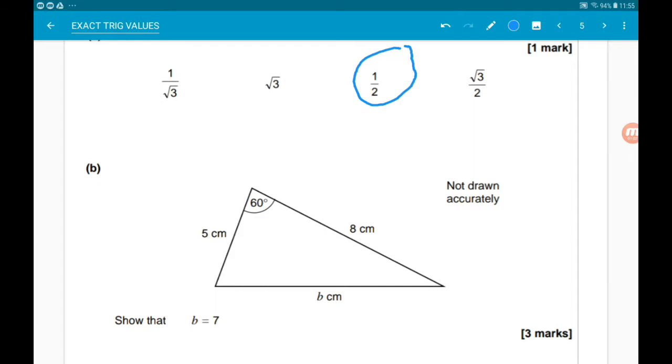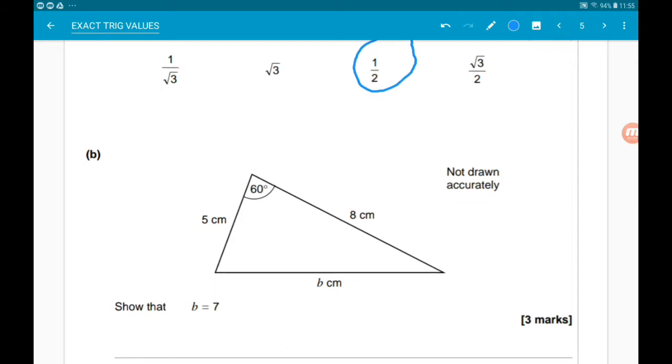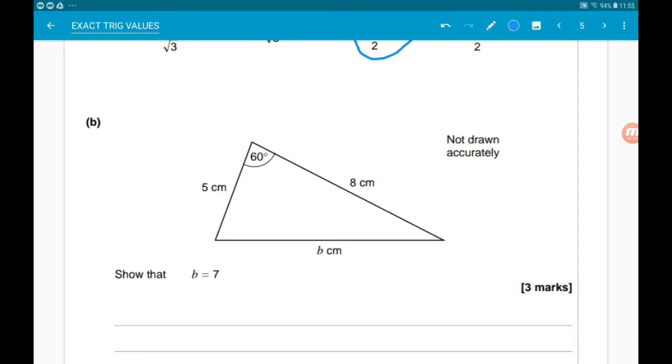Now the cosine rule, if you're not sure, my formula sheet is linked down below, but the cosine rule says that a squared is equal to b squared add c squared minus 2bc cos of a.